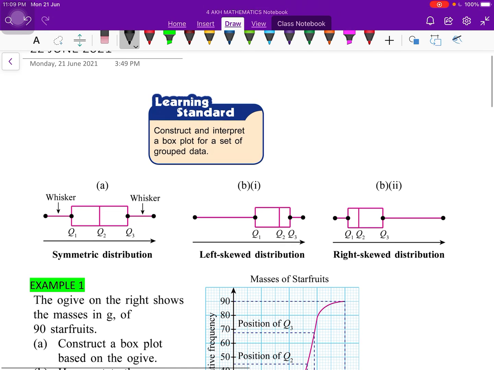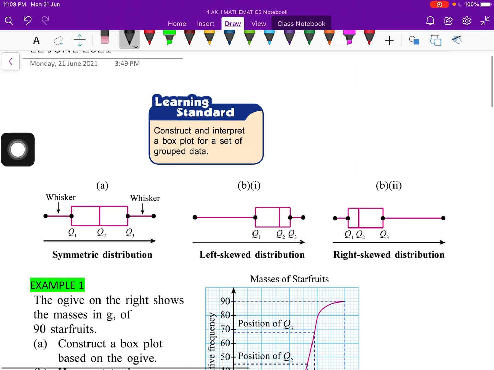So the first learning standard untuk hari ini, students must know how to construct and interpret a box plot for a set of group data. So Boxplot kita dah cover dalam tingkatan 4, measures of dispersion tingkatan 4.